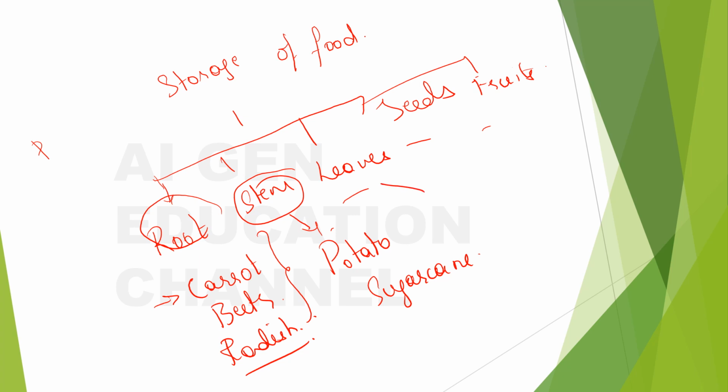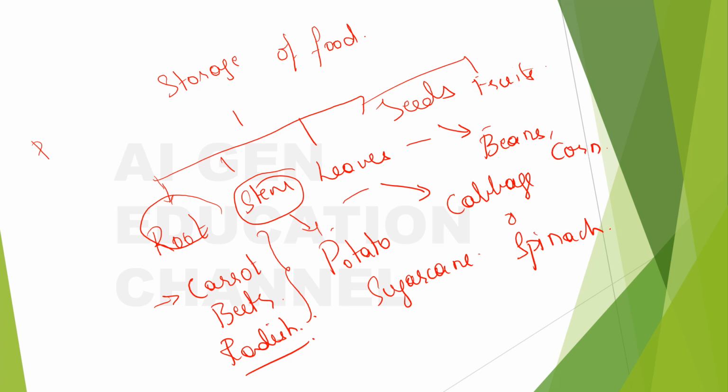And about the leaves, cabbage and spinach. All these you can easily remember, no problem with it, right? So seeds, beans, corn, and all these are the storehouse of food. And fruits, you all know, we eat apple, banana, all this.